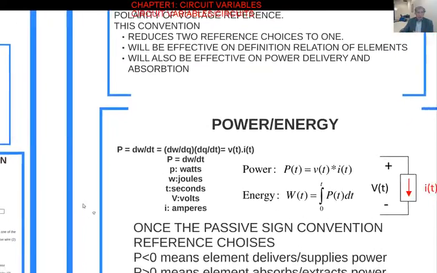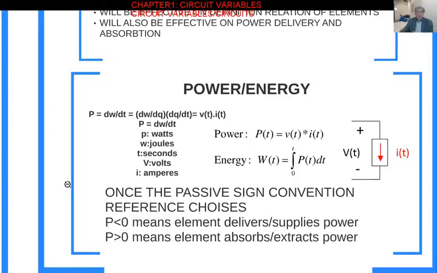If you look at this frame, power and energy, we said these are the other variables. These variables can be explained on the basis of the fundamental variables, which are current and voltage. Power, we know from physics, is the derivative of energy.